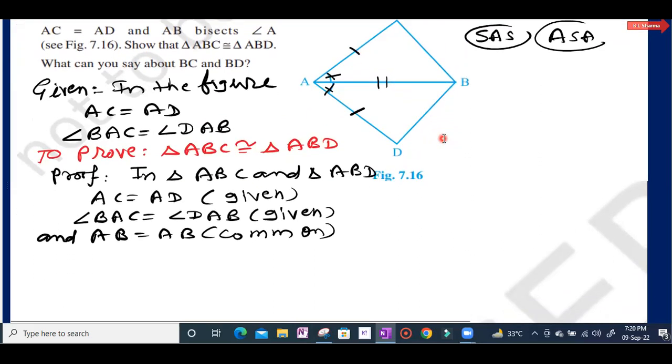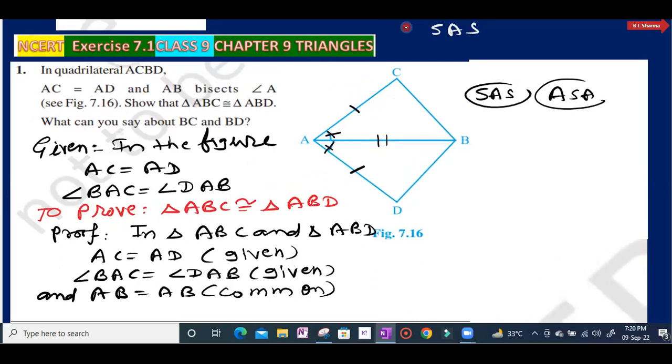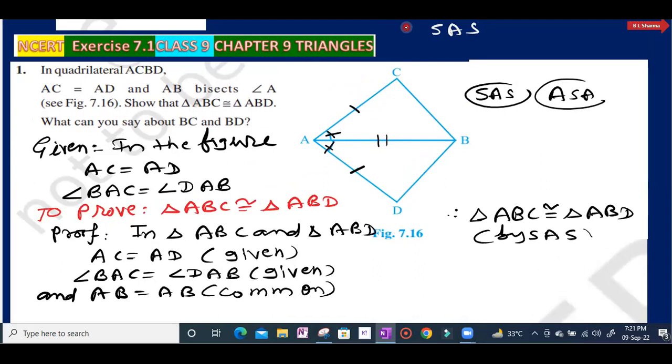So further we can write, therefore triangle ABC is congruent to triangle ABD by the rule SAS, and this is the proof. This is what we had to prove, by which rule: by the rule side angle side. This is side, angle and side.